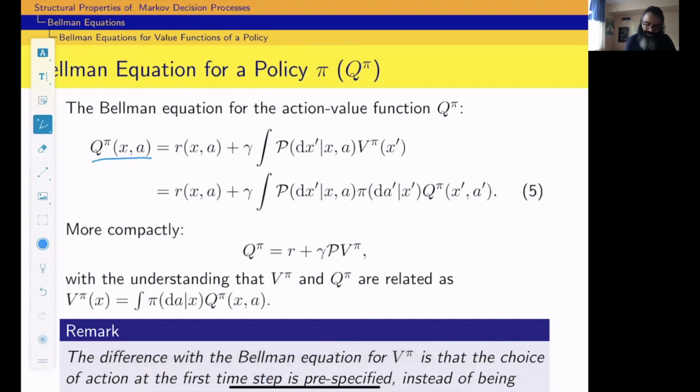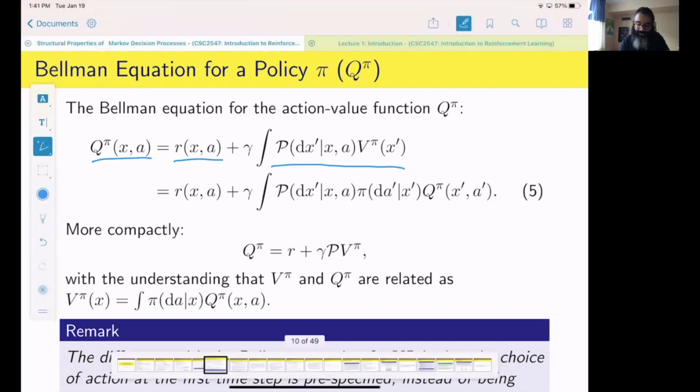So Q pi of X and A is equal to the reward of X and A. This is the expected reward that we get if we enter state X and choose action A. So this is the expected reward plus gamma times the integral of this quantity.